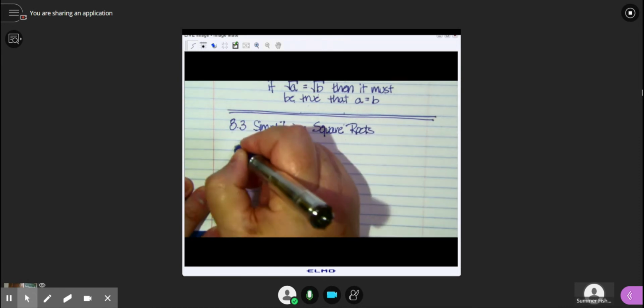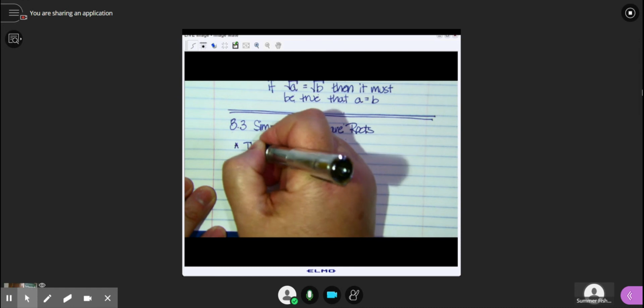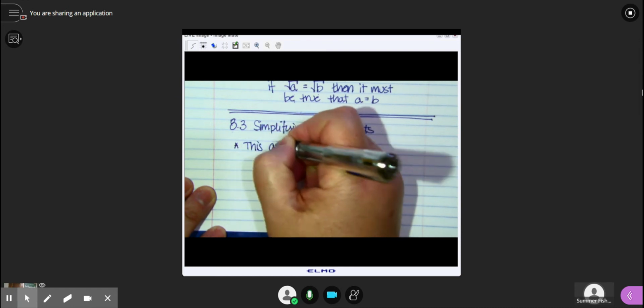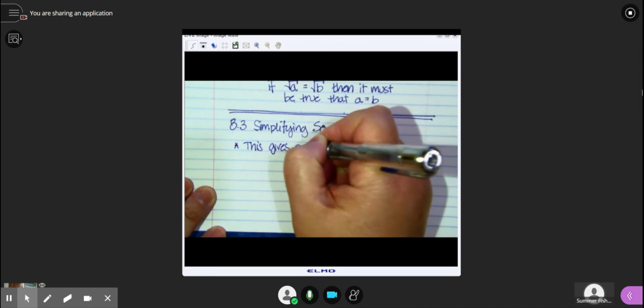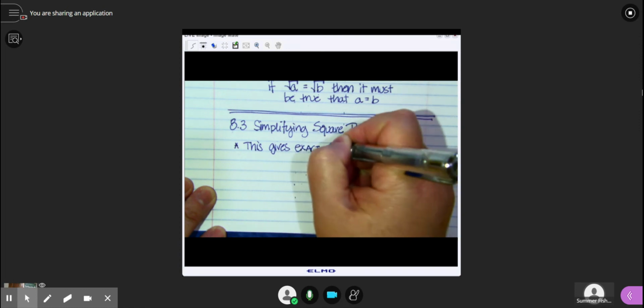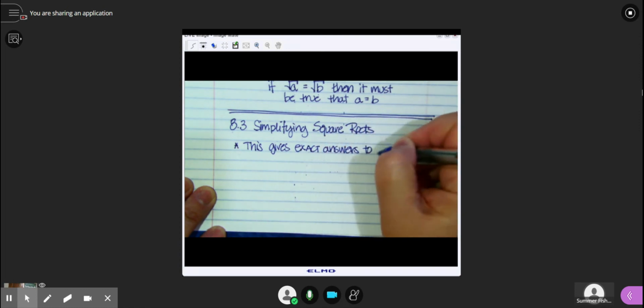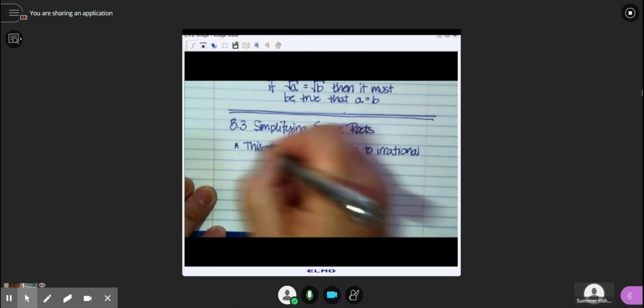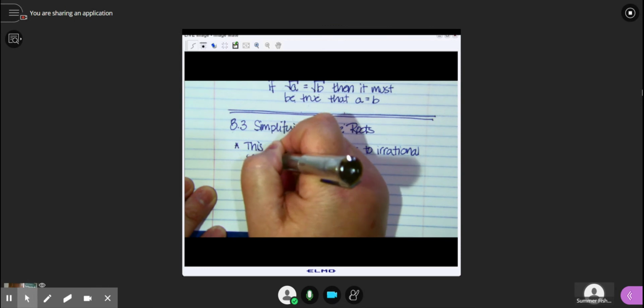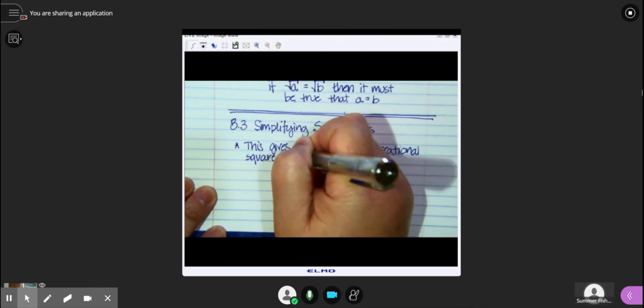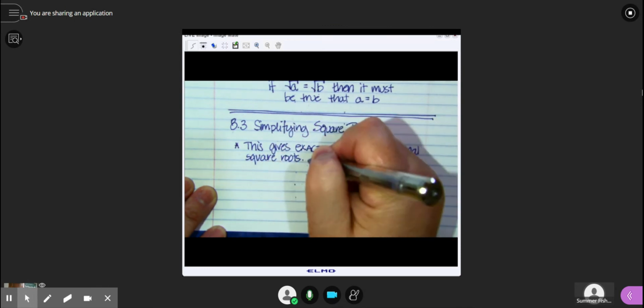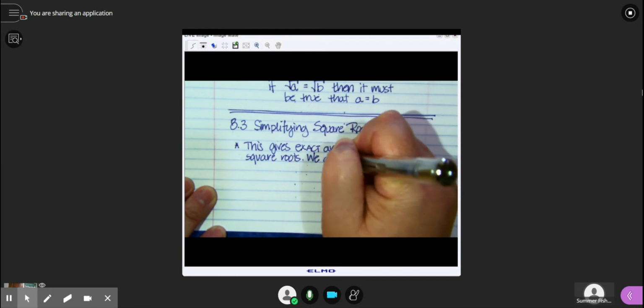So what this does is this gives exact answers to irrational square roots. We do not use decimals here.